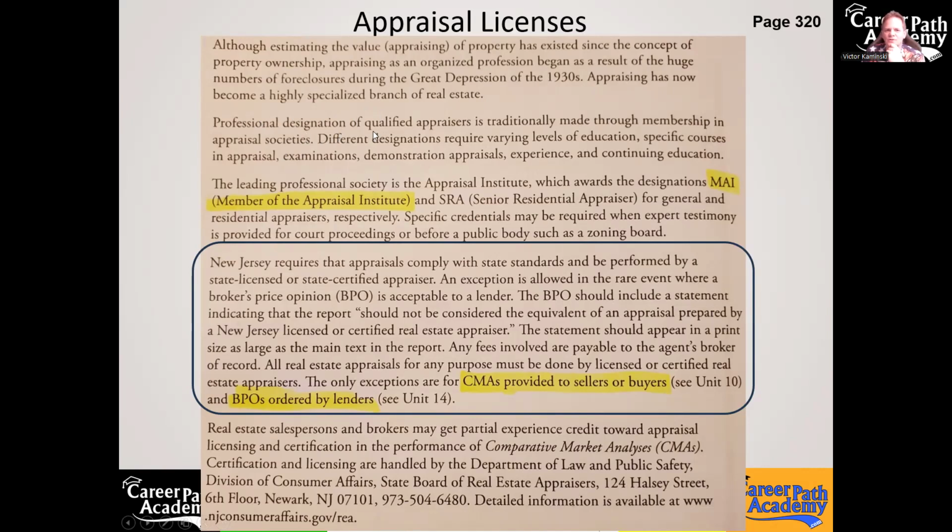So the professional designation of qualified appraisers is traditionally made through membership in appraisal societies. Many appraisers become members of MAI, the Member of the Appraisal Institute, and SRA, a Senior Residential Appraiser, for general and residential appraisals, respectively.